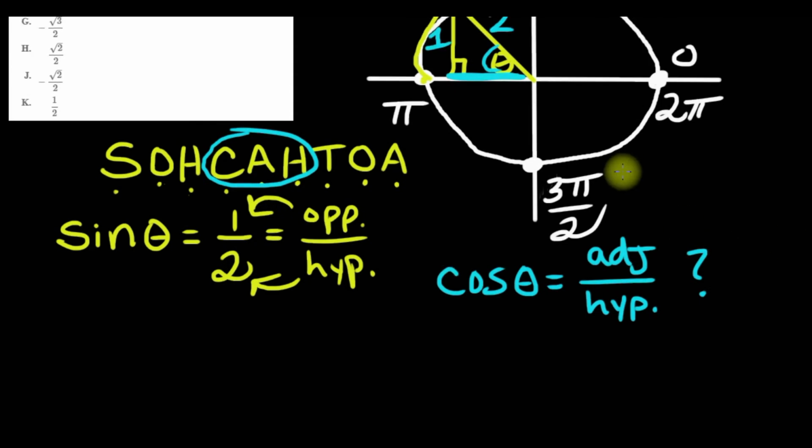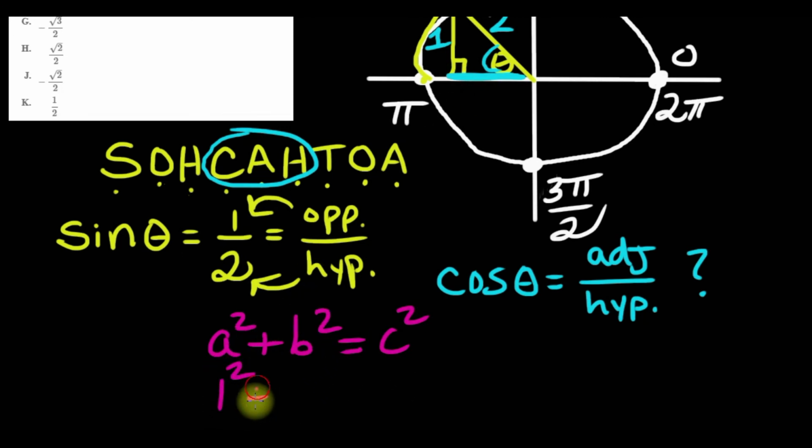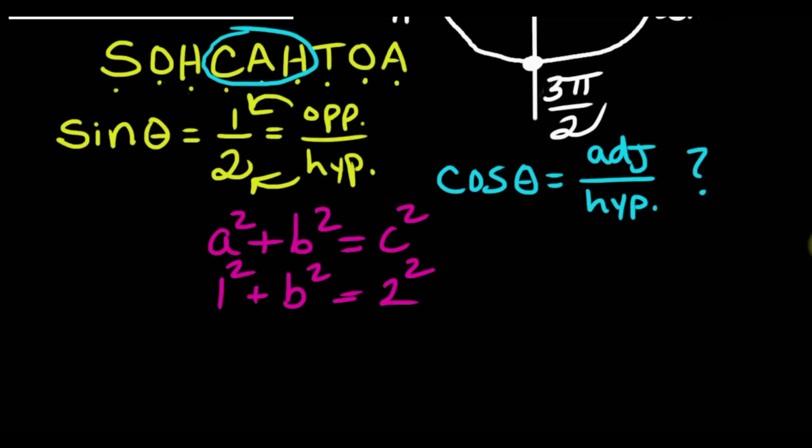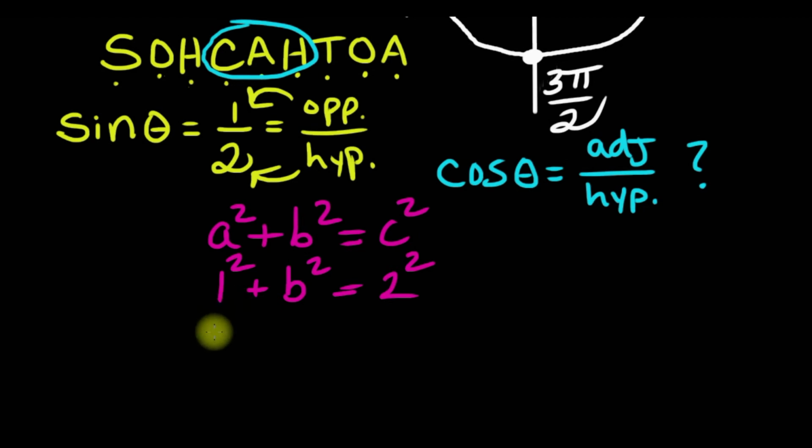The Pythagorean theorem is a squared plus b squared equals c squared. So we can go 1 squared plus b squared, since we're looking for the other leg, and the hypotenuse we know is 2 squared. Then we're going to solve for b. 1 squared is 1, plus b squared equals 4.